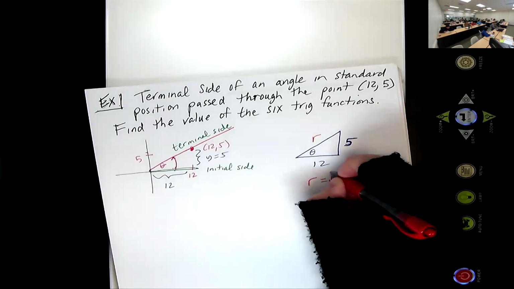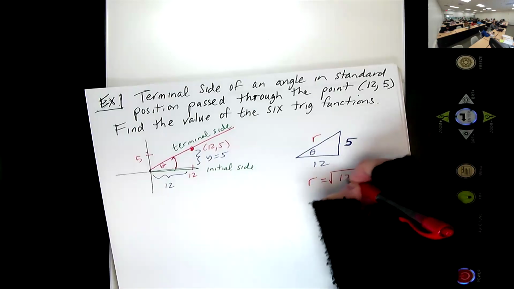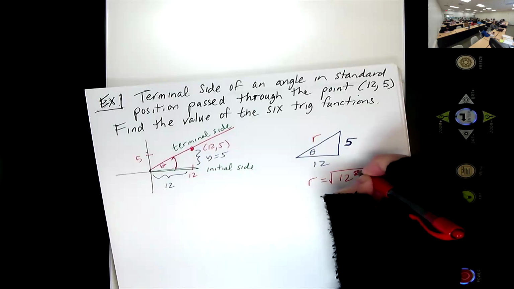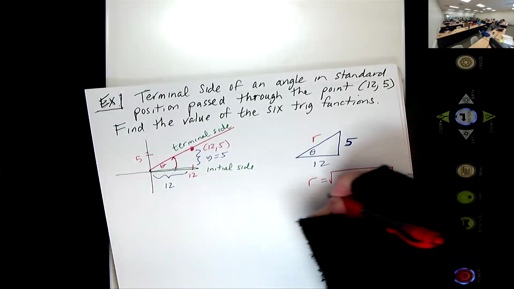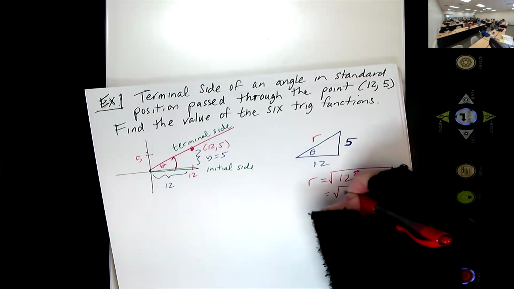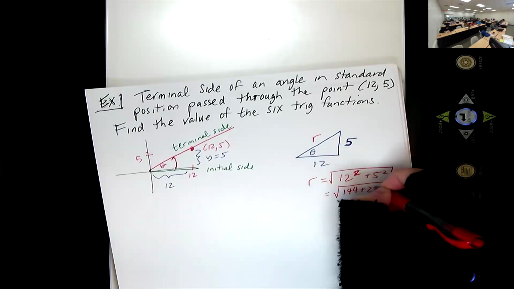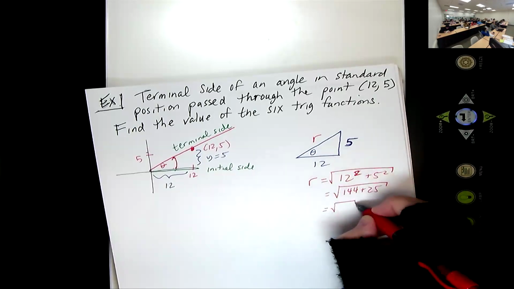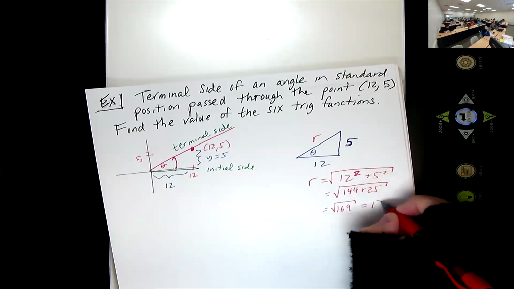The square root of 12 squared plus 5 squared is the square root of 144 plus 25, which is the square root of 169, which is 13.